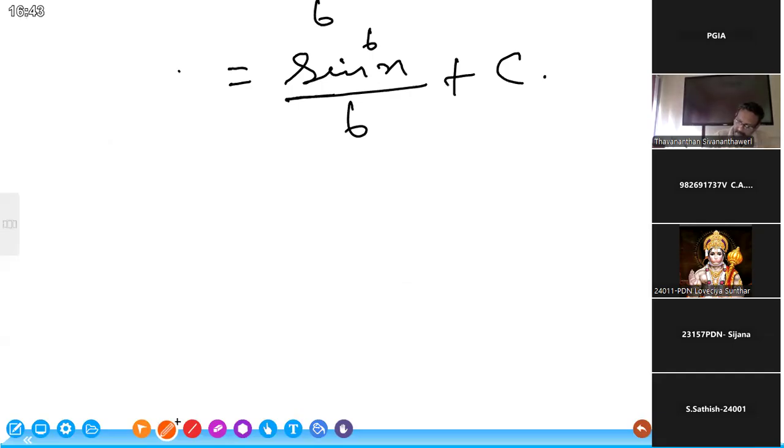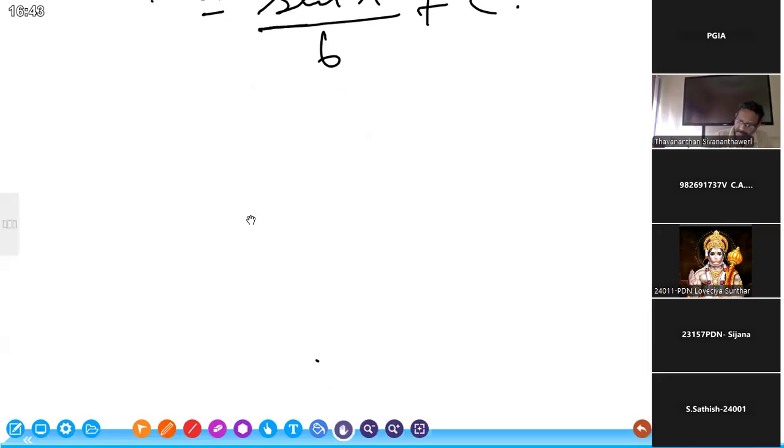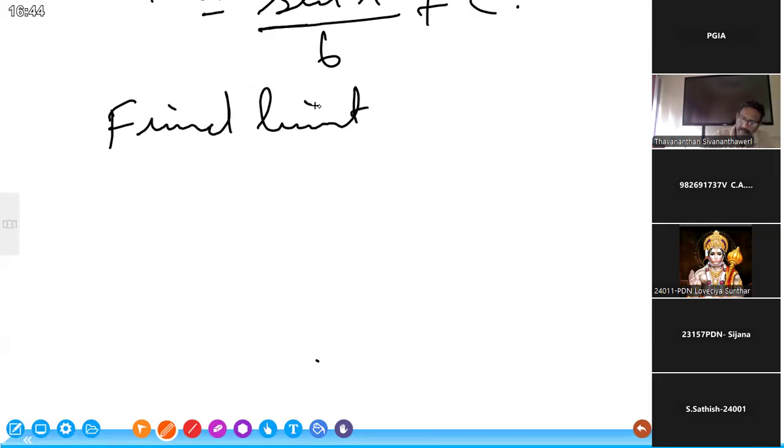Right, this is the quiz. Find the limit of the following function.